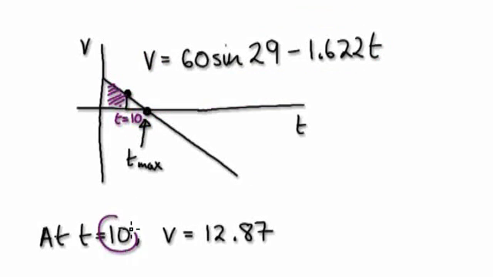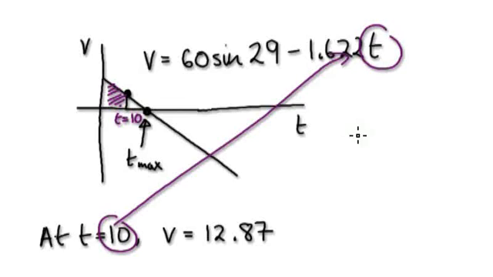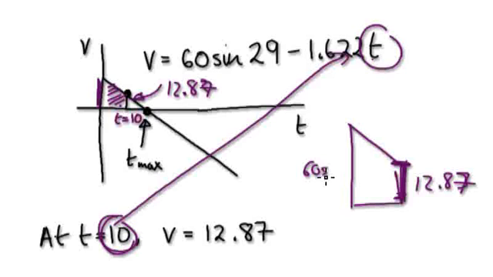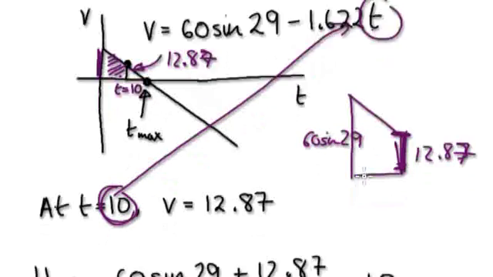So put 10 into t and work out v. That will give us this height, which happens to be 12.83, 12.87, sorry. So this height here is 12.87. Now this height here is 60 sin 29.